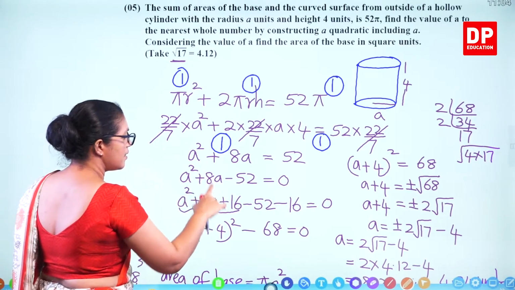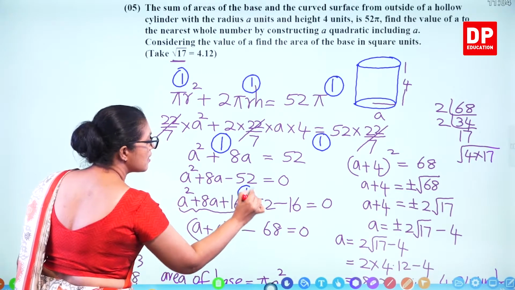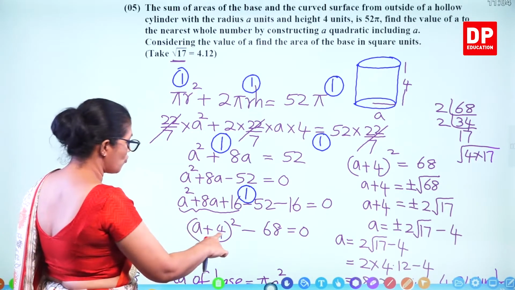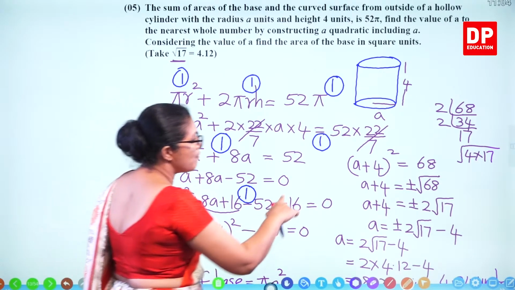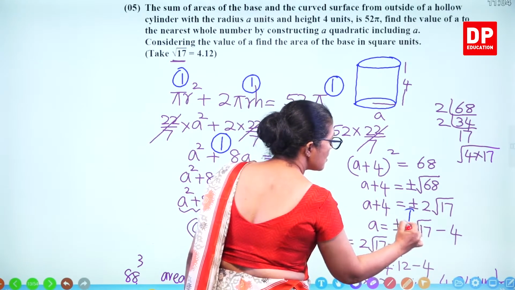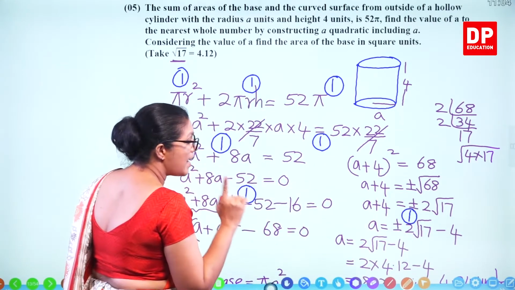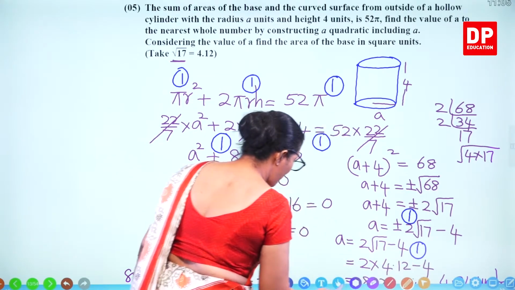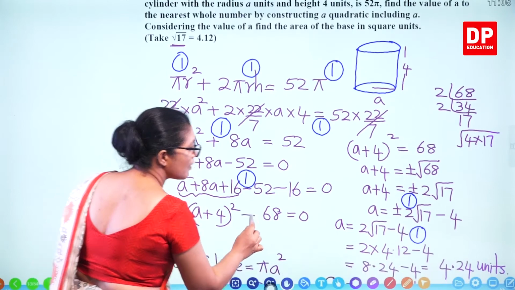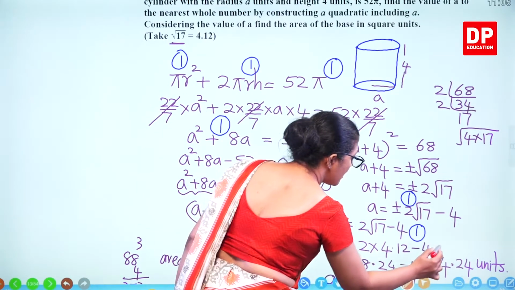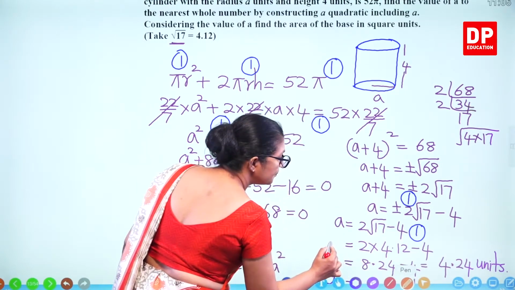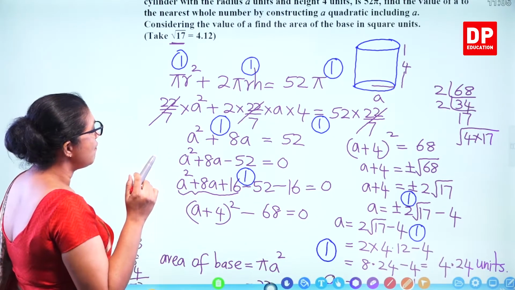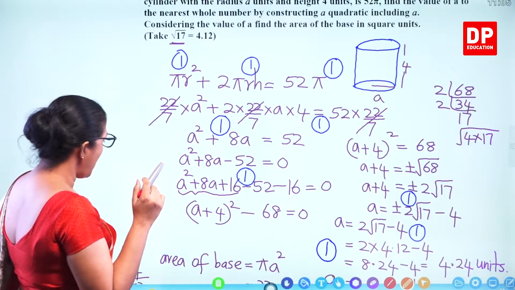And using any method. So this is completing square method 1 mark and finding answers, you get 1 mark, and deciding positive value 1 mark and rounding, we can give another 1 mark. 1, 2, 3, 4, 5, 6, 7, 8, 9.